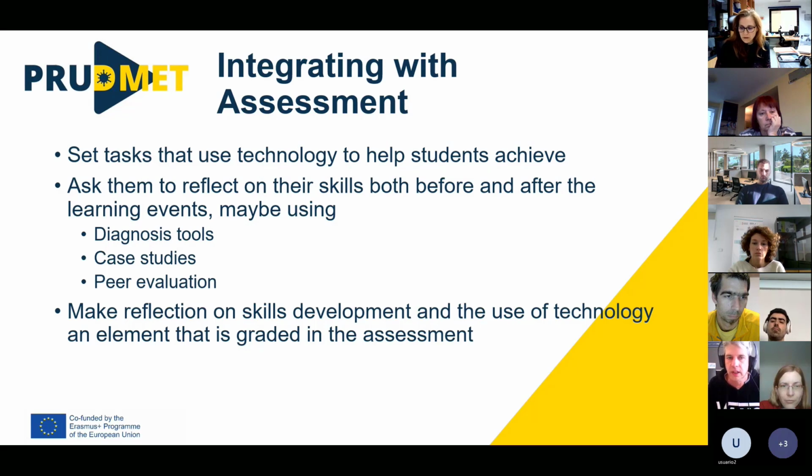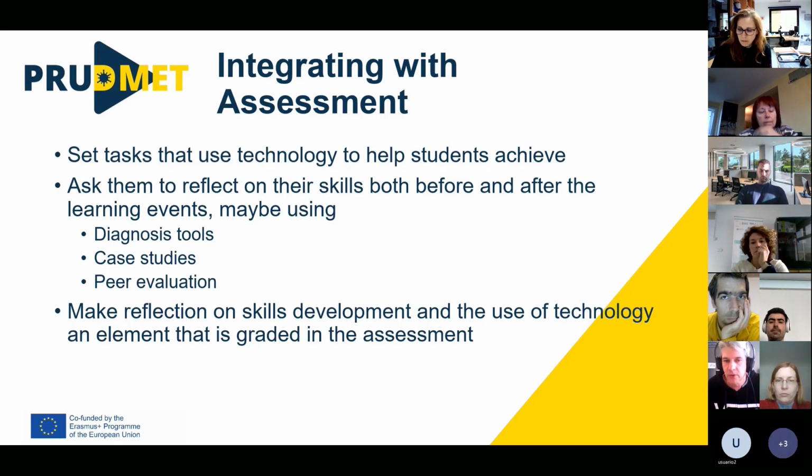You may also use technology to get them to reflect on a broad range of tools, of skills that they might need to develop. After the learning events, you might be using diagnosis tools like we've got for the TTT, for the Teaching Through Technology diagnosis tool, and you might get them to do that at the beginning and the end to understand what the impact is.